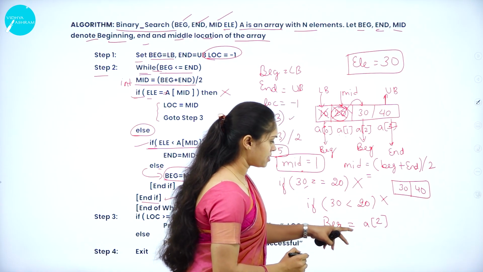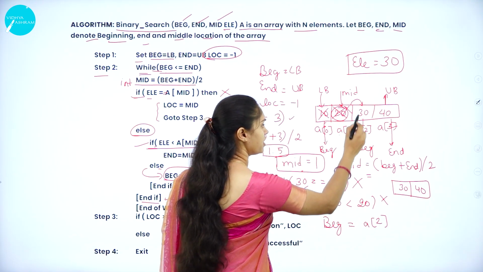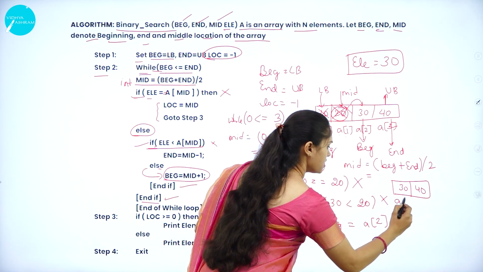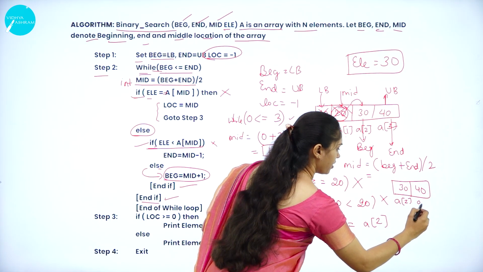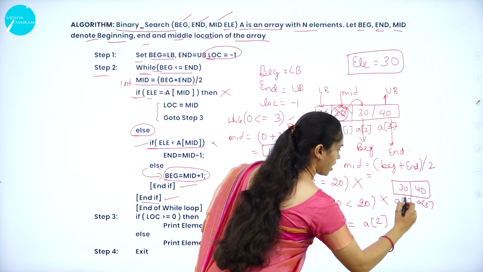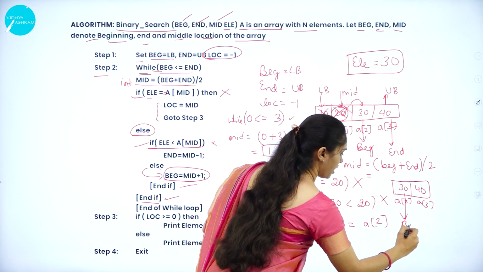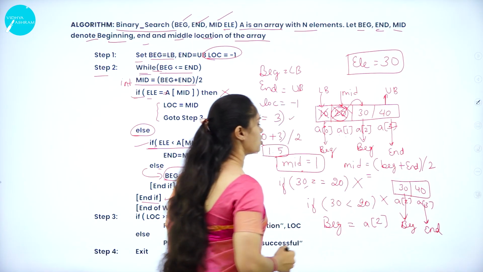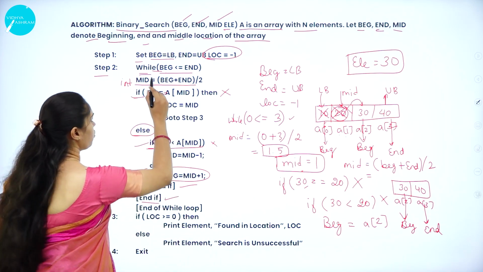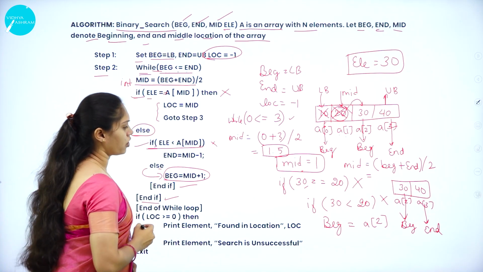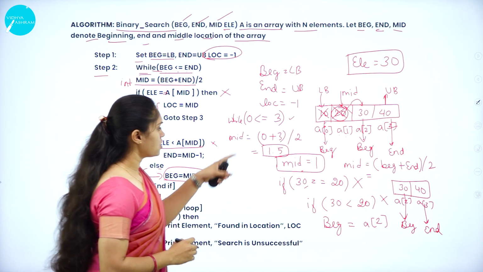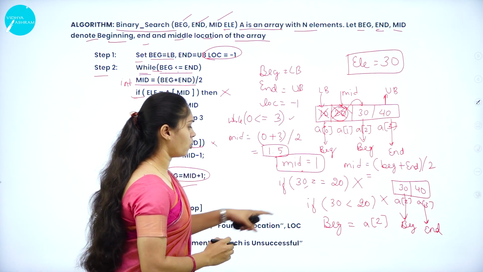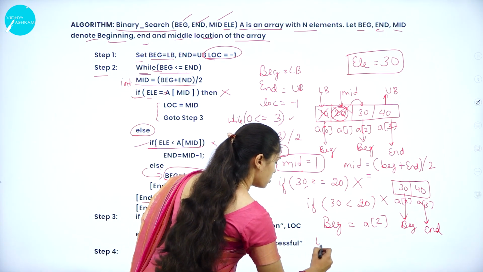So, beginning is equal to A of 2. What's there in A of 2? That is 20, and we have A of 3. So now this becomes the beginning and this becomes the end itself. Now let me compare the while statement: while beginning is less than or equal to end. What is the beginning value?